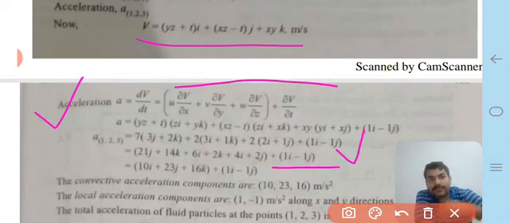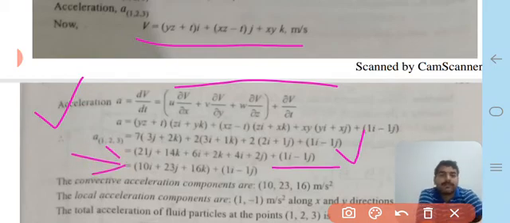We see this equation: the acceleration at point (1, 2, 3) is 10i plus 23j plus 16k plus 1i minus 1j.